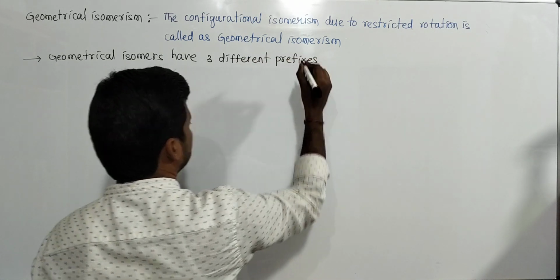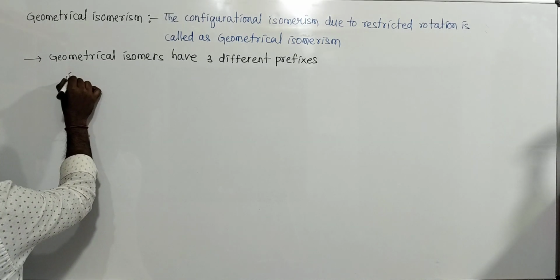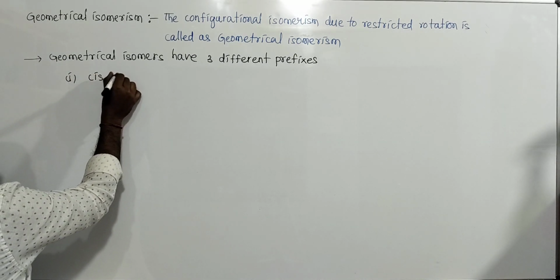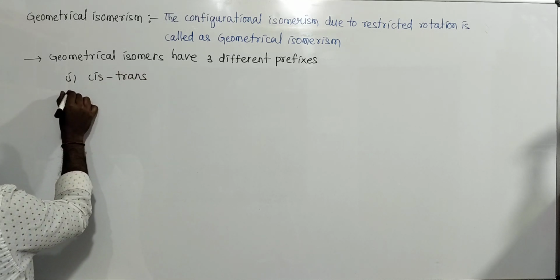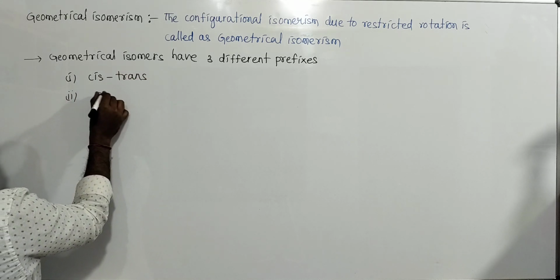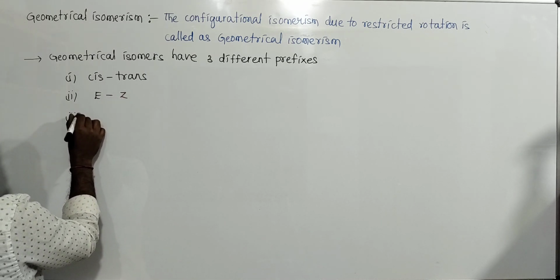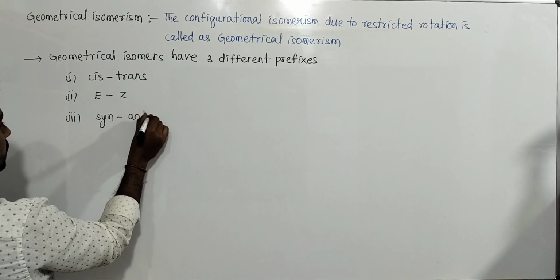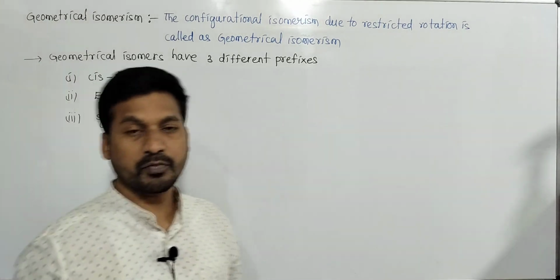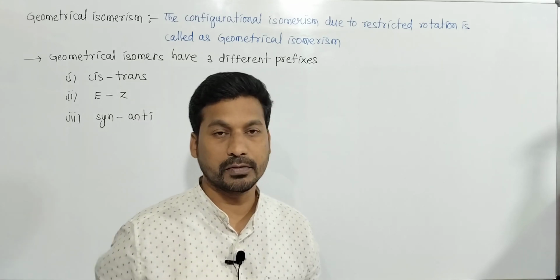Geometrical isomers have three different prefixes. They are: one is cis and trans, the second one is the prefix E and Z, and the third one is syn and anti. These are the three types of prefixes used to show geometrical isomerism.